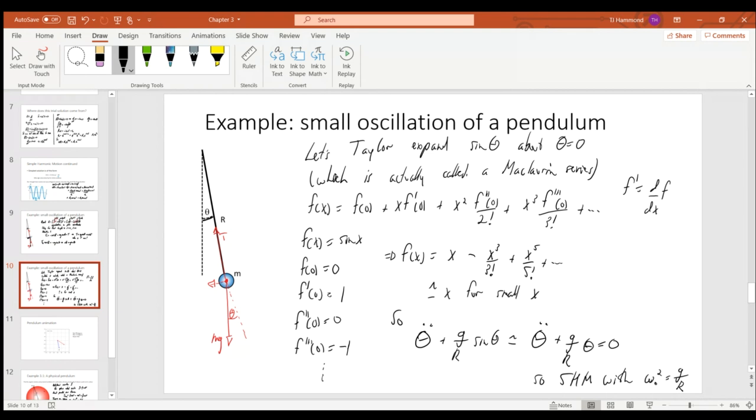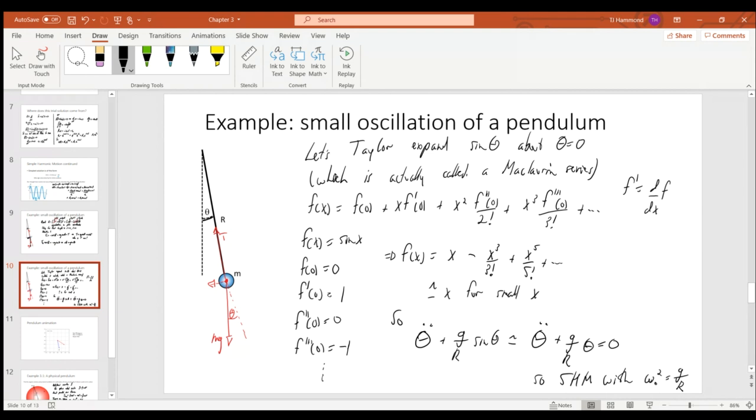So what is our actual f of x? Our f of x is sine x, so f evaluated at 0 is, of course, 0, since sine 0 is 0. Then the first derivative of f is going to be cosine x. So cosine at 0 is 1.